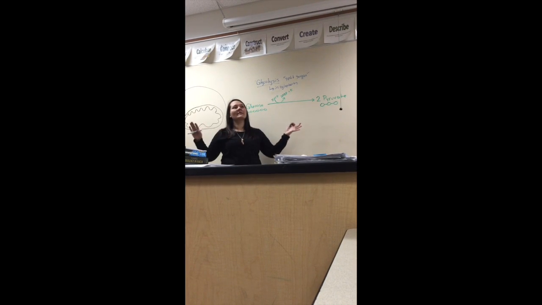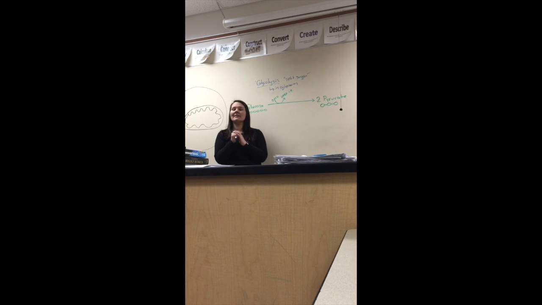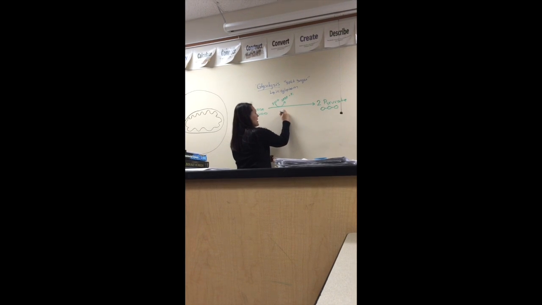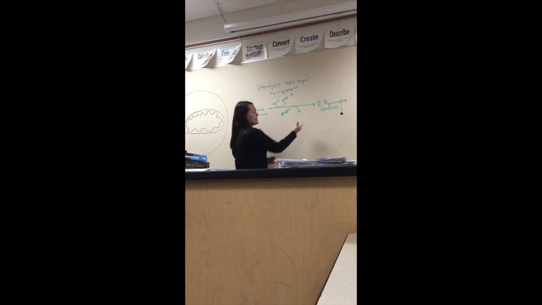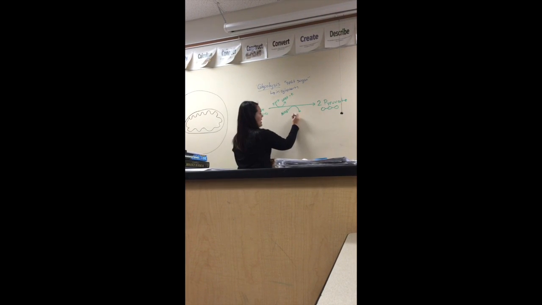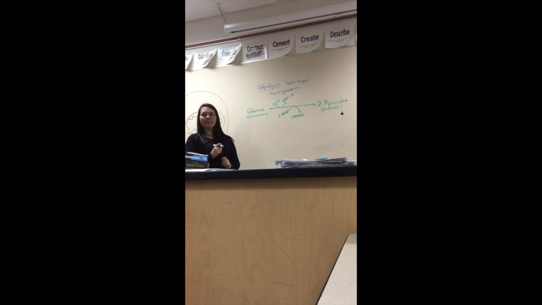What molecule have we been talking about in this process that is an electron acceptor? NAD+. Good. NAD+ is going to accept those electrons and be reduced to NADH. We're actually going to have 2 of these in this process.